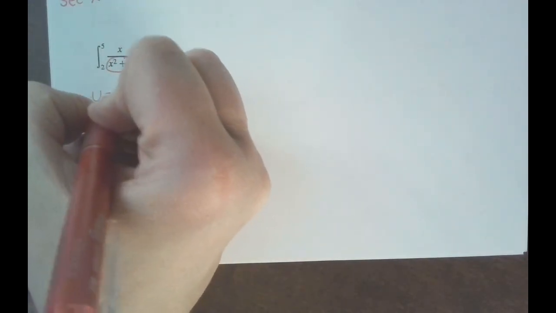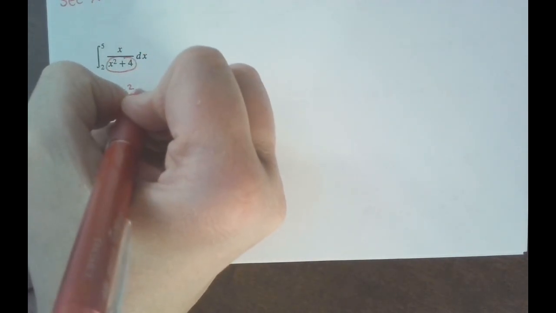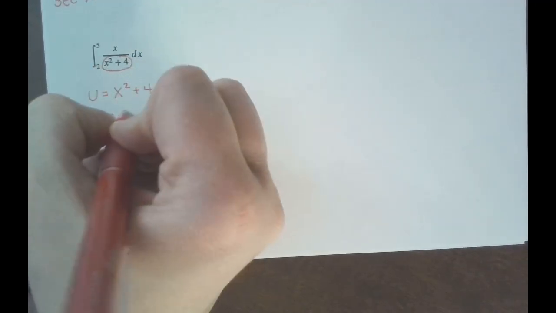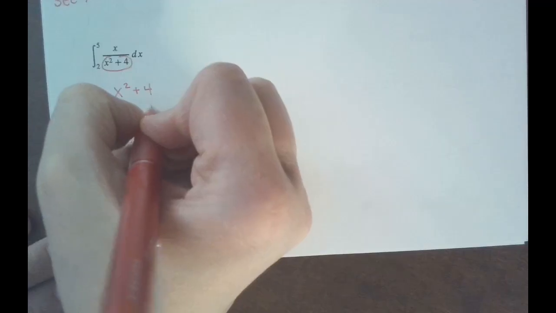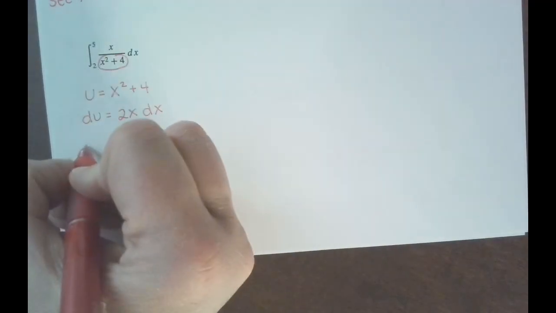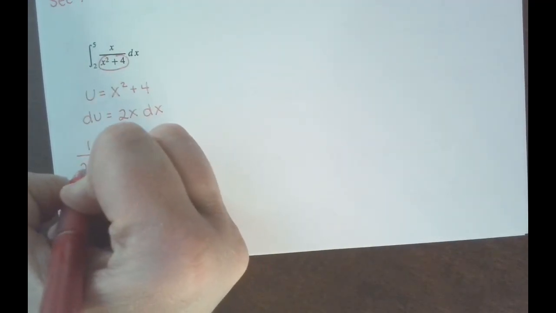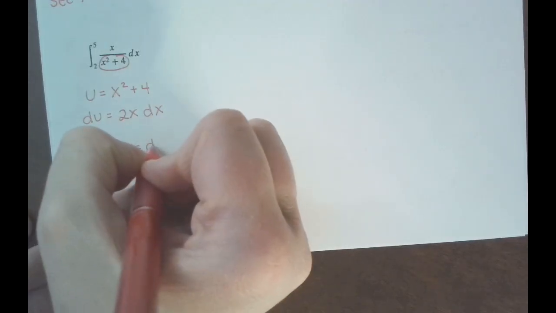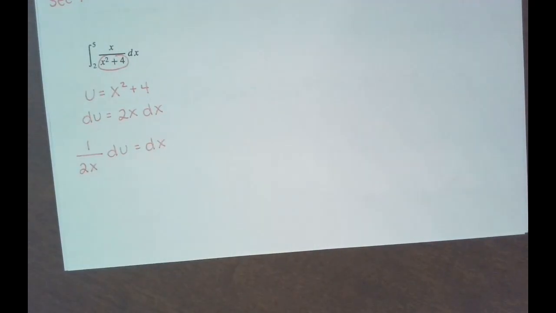So if u is x squared plus 4, then du is 2x. Swap that over to the other side, and you end up with 1 over 2x du is dx. Rewrite our integral.